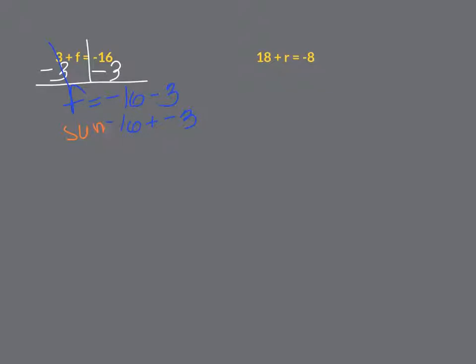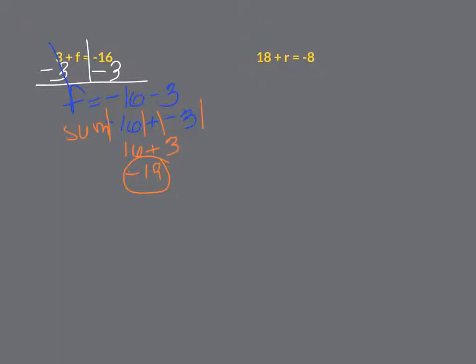Find the sum. Absolute value of negative 16 is 16 because it's 16 units away from 0. Plus the absolute value of negative 3 is 3. That's how far it is from 0. 16 plus 3, of course, is 19. And I look at my sign. My original sign was negative, so my final answer is negative 19.